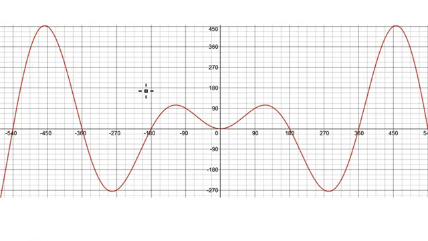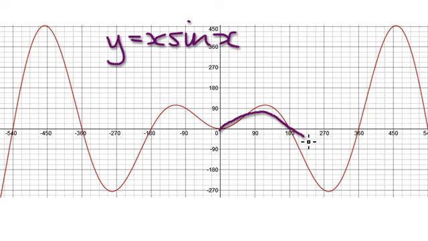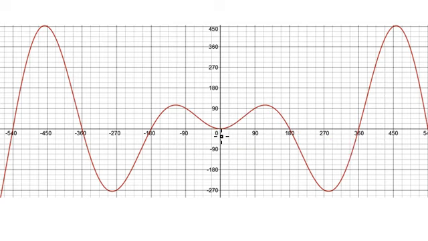So at the moment, this red line here is y equals x sine of x, and this here is 360. So one period is like this. Well, on this scale, it would look something like this. Remember, this is 0 to 90 here, so your sine graph, one would be really close to the 0 here. You probably won't notice it, but it hovers.